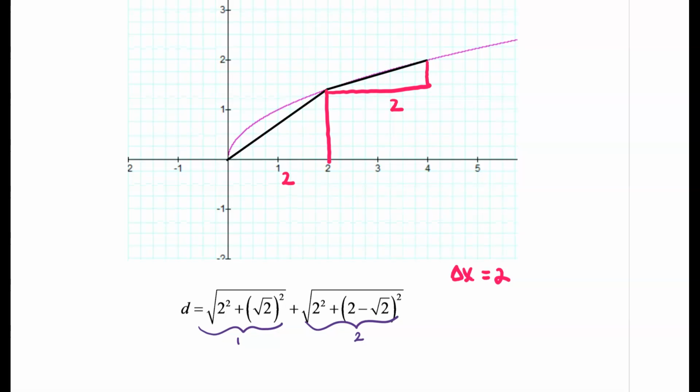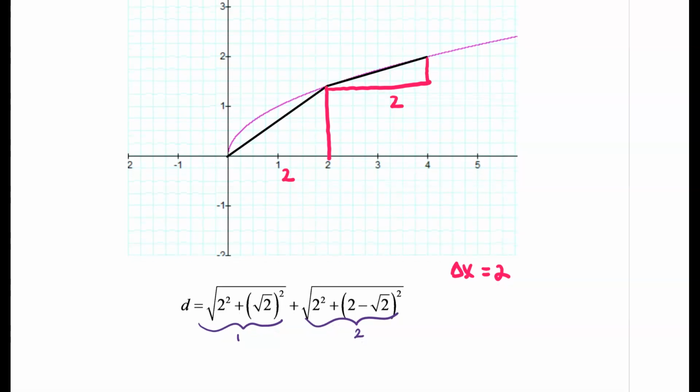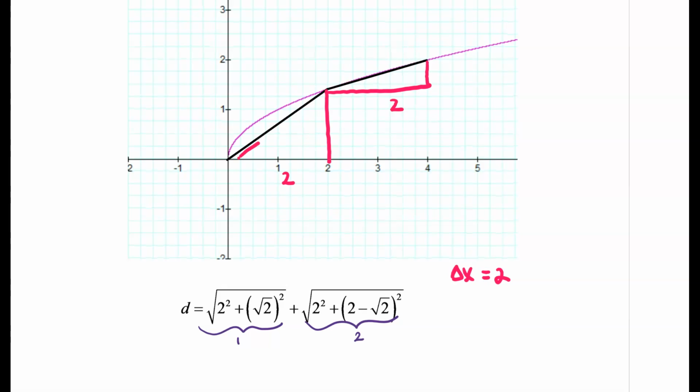And you can see that you kind of have to do a little bit of math here to get the change of y. But this first length is the square root of 4 plus 2, or square root of 6. And to be honest with you, I'm not going to bother simplifying this, but here is your 2 minus root 2 up here.